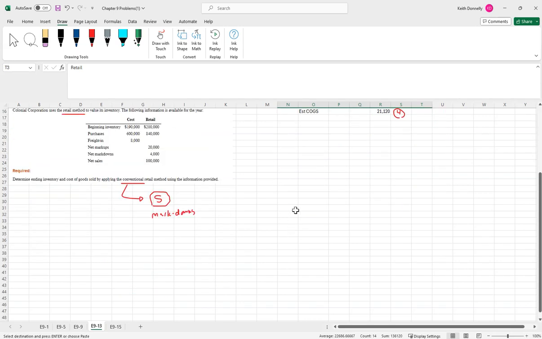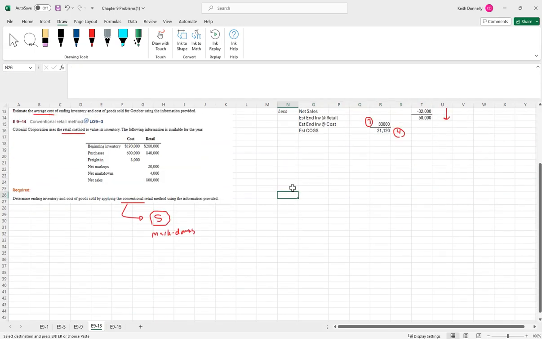Again, let's build this out. I'm just going to copy this as a starting point. It's not going to be exactly the same. We're going to have beginning inventory. Let me delete some of these here. I'm just grabbing the numbers over here at the left: 190 at cost, 280 at retail.